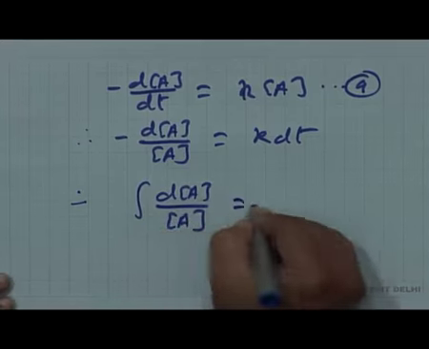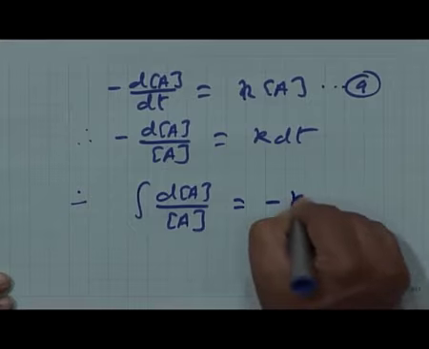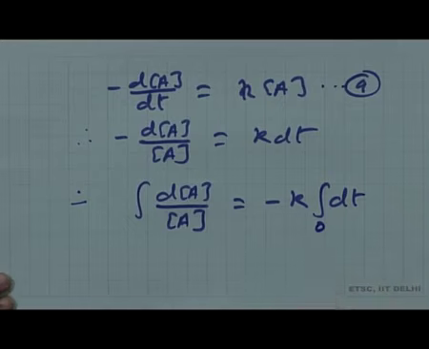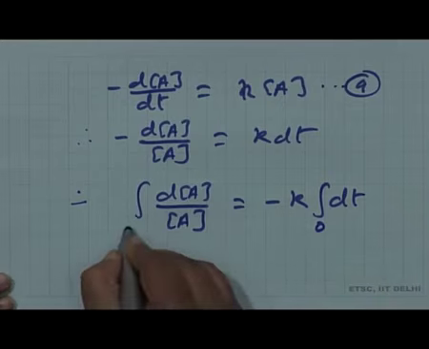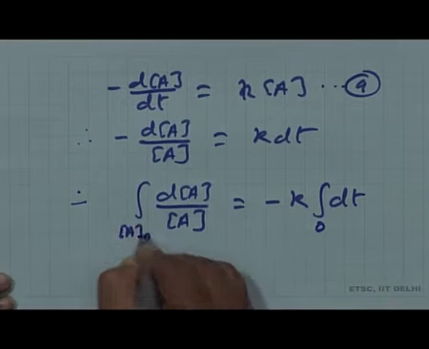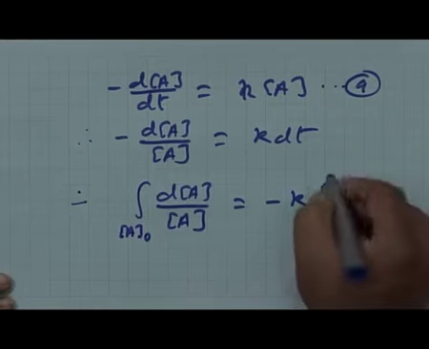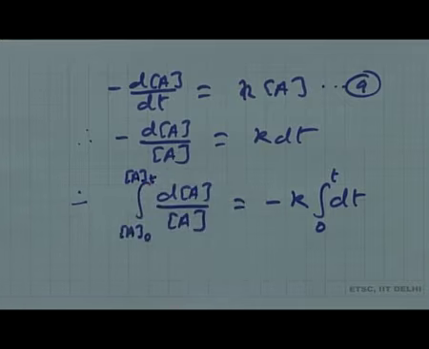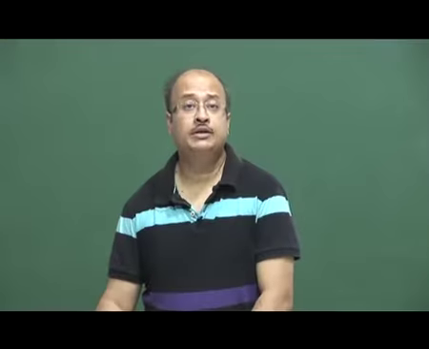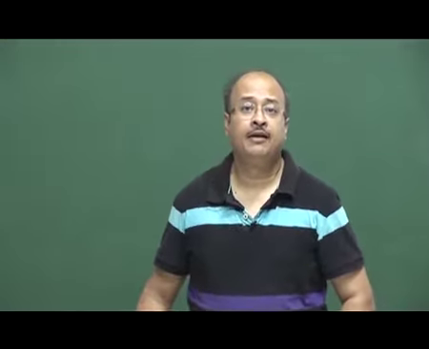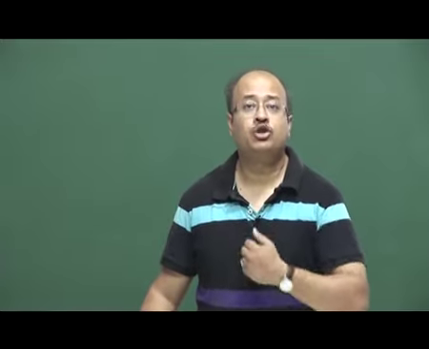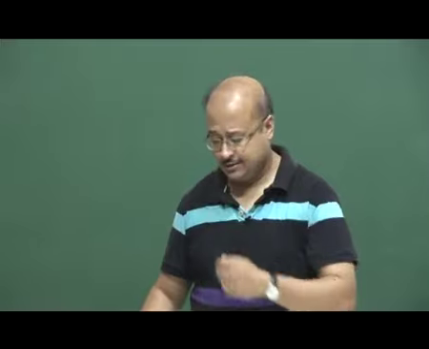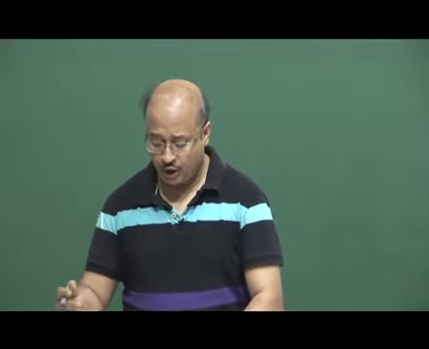We will take the negative sign on the other side. At t is equal to 0, the concentration of A would be A naught, at t is equal to t, the concentration would be A t. Okay. Remember, this K is a constant, so it can be taken out of the integration, and hence we have this. So now we go ahead and integrate.